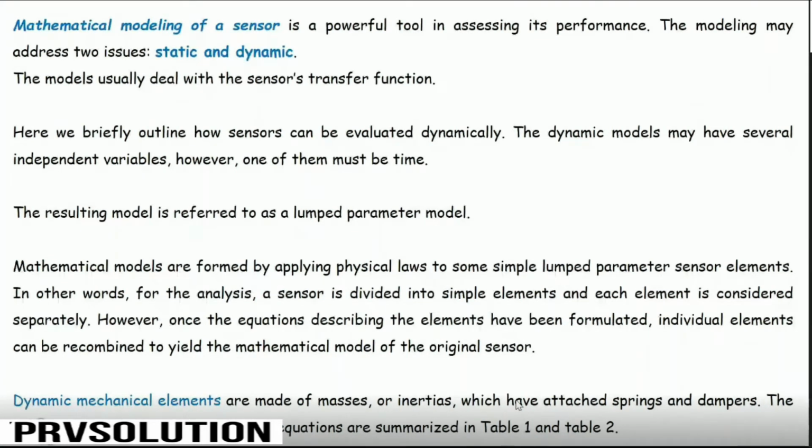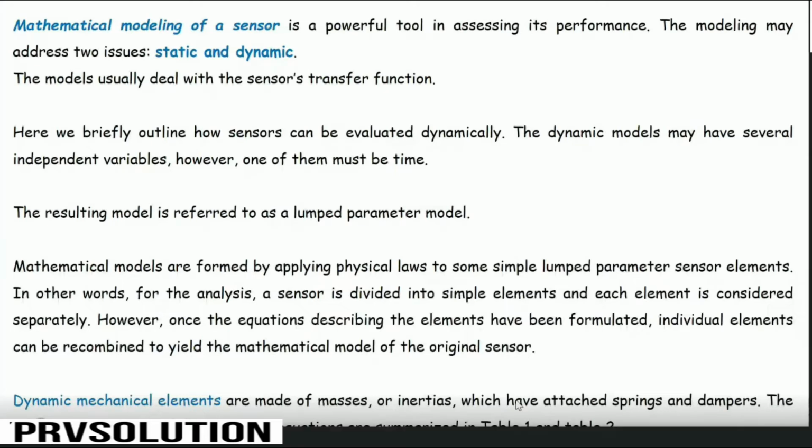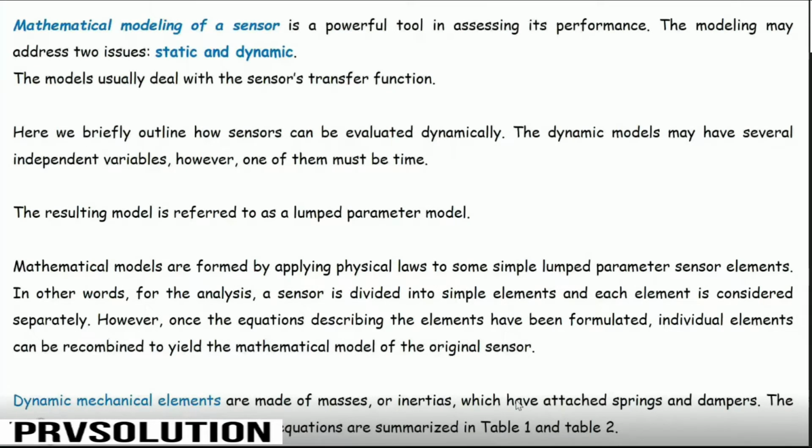The mathematical models are formed by applying physical laws to some simple lumped parameter sensor element. In other words, for the analysis, a sensor is divided into simple elements and each element is considered separately. However, once the equations describing the elements have been formulated, individual elements can be recombined to yield the mathematical model of the original sensor.